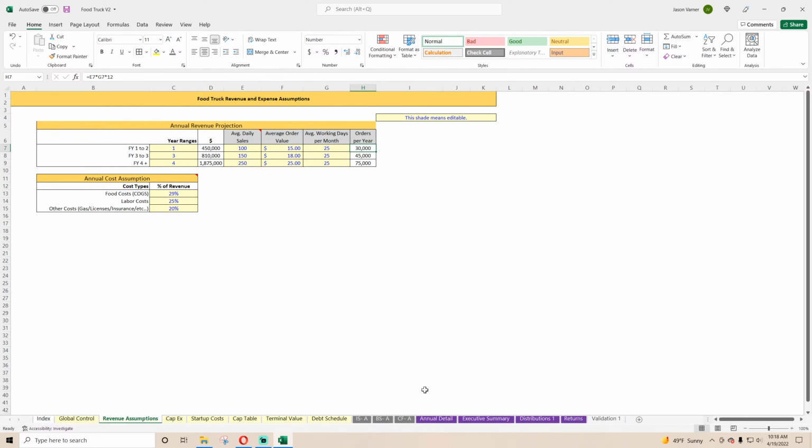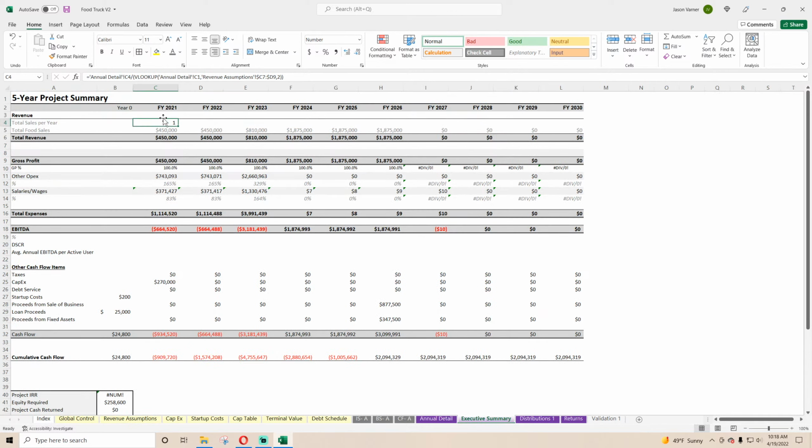So we want H, just look up H based on the year range. C, D, E, F, G, H, so 6.